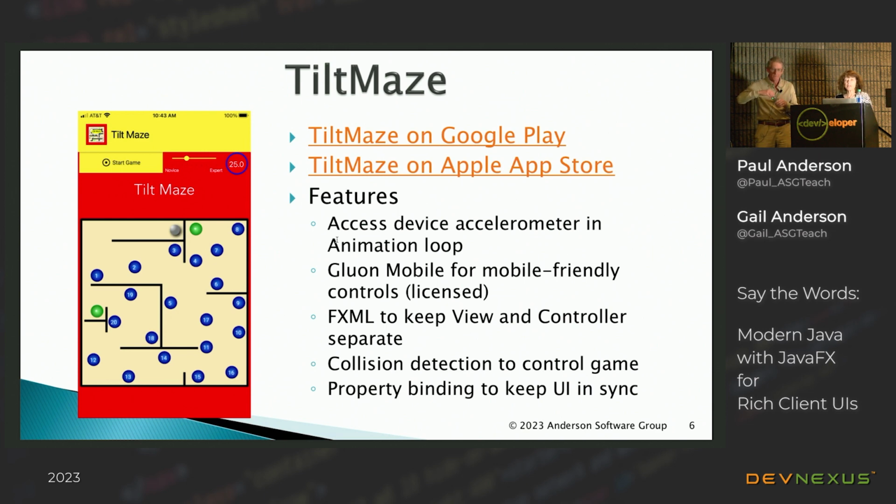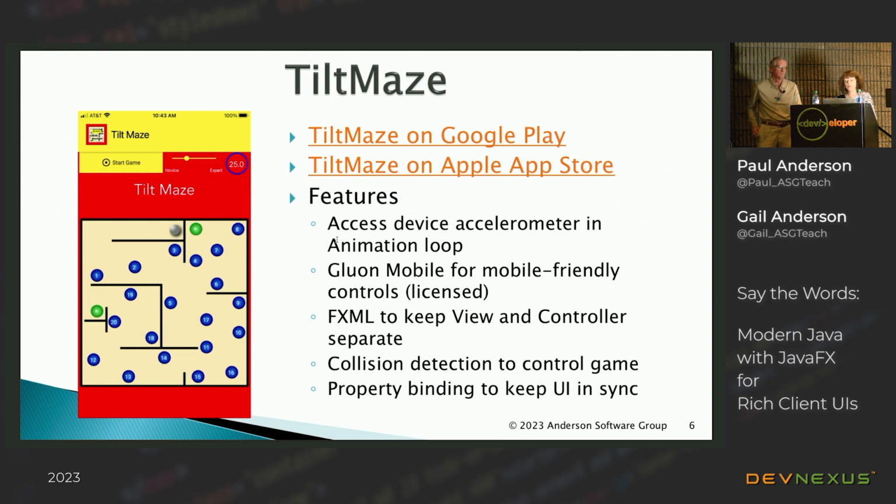And we decided to pick this demo for a couple of reasons. One is that it accesses the device accelerometer in an animation loop, and this is like a proof of concept. Can you really create an application that will be accepted by both the stores, and that does things like access the underlying device hardware?